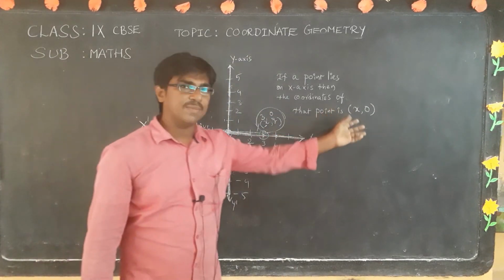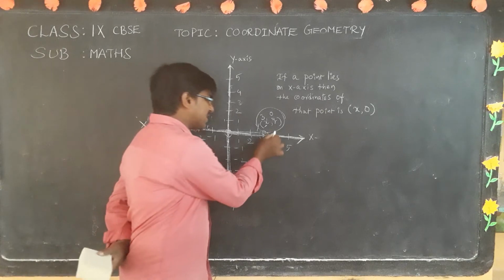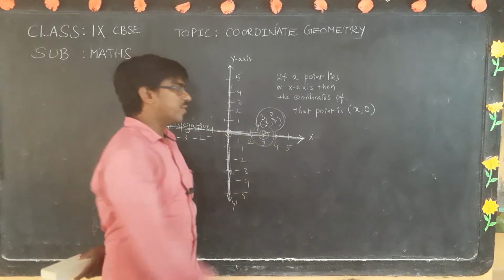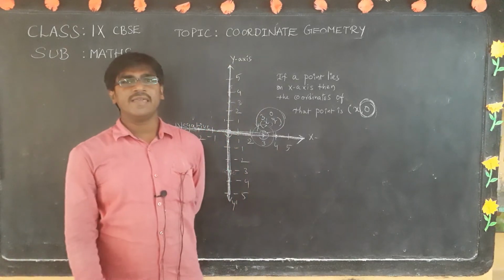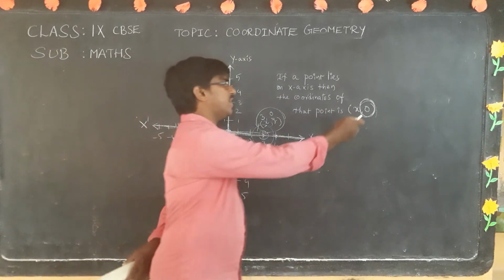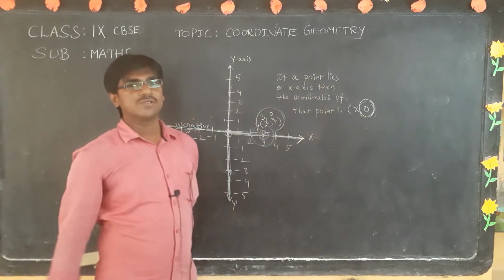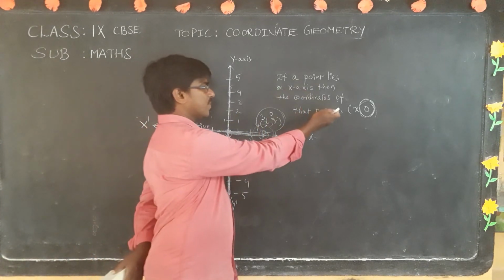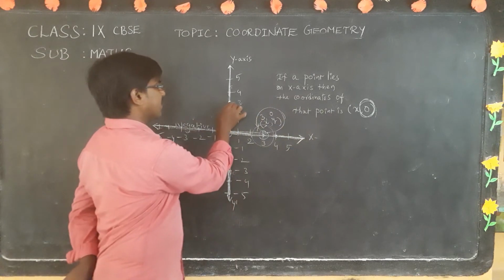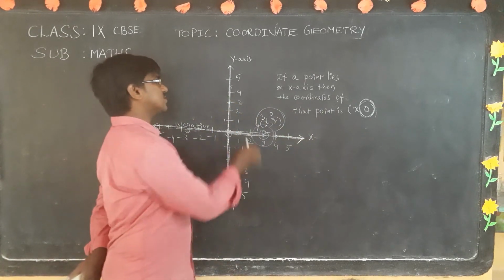X is any number, on the x axis. What is the y coordinate? 0. On the x axis, what is the y coordinate? 0.